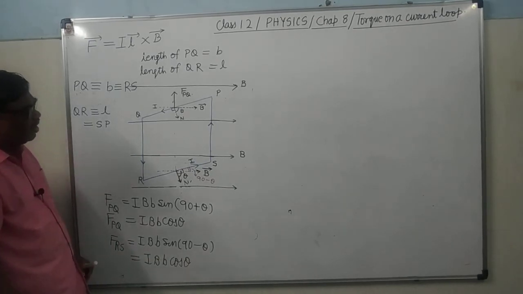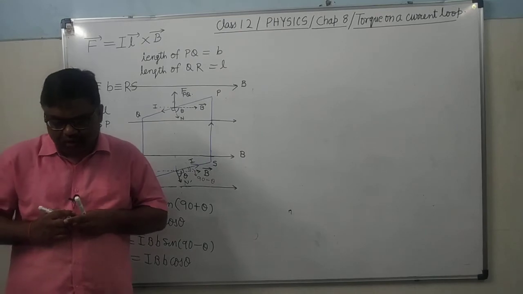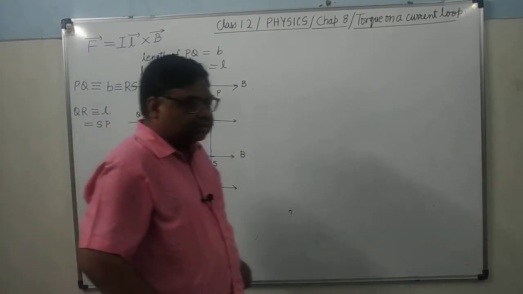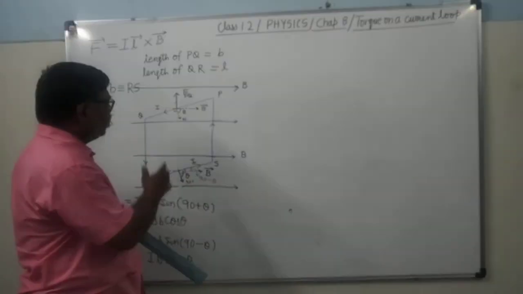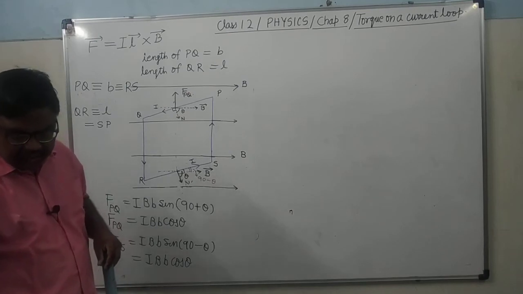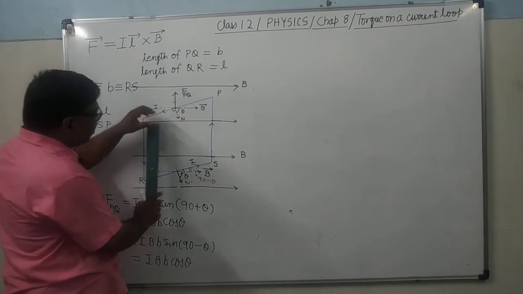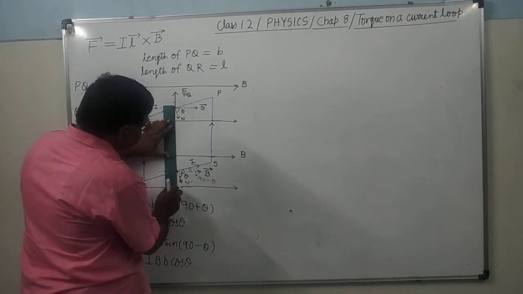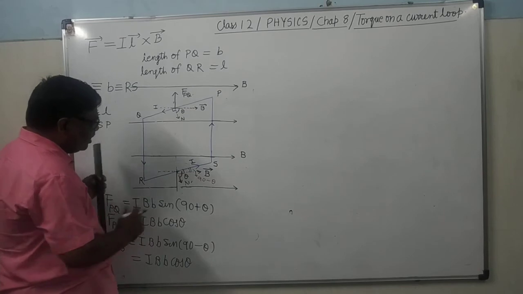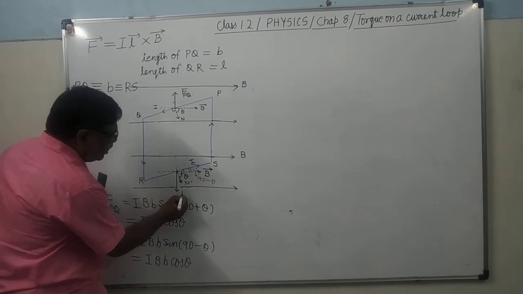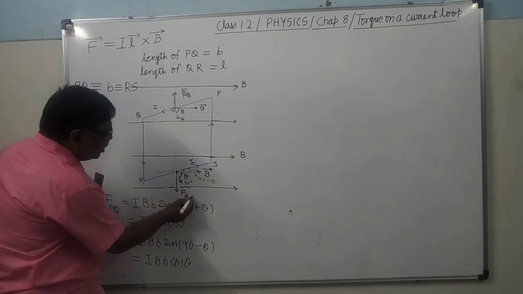So see here, now the forces are not zero. They are equal in magnitude. And here you will find its direction, when you apply the right hand rule, will be vertically downward. Vertically downward means it will be in this direction.